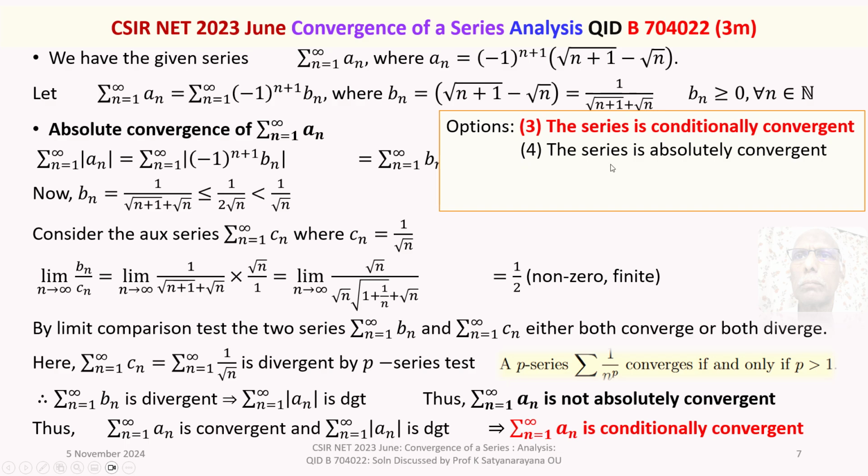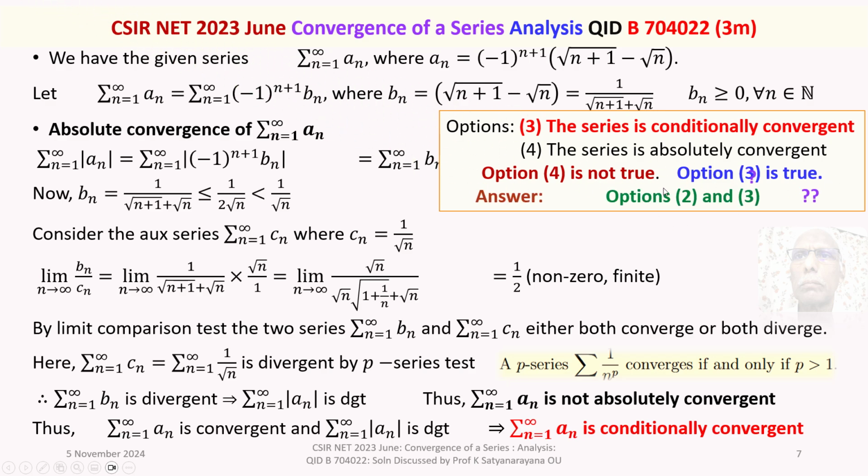Option 4 says the series is absolutely convergent. No, it is not absolutely convergent. Thus, option 4 is not true and option 3 is true. Therefore, the answer to this question is options 2 and 3.